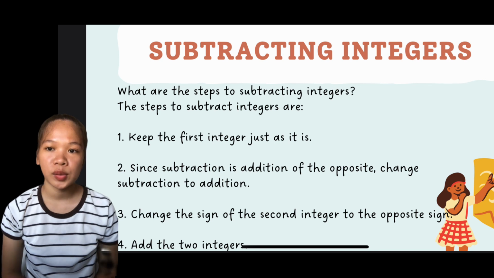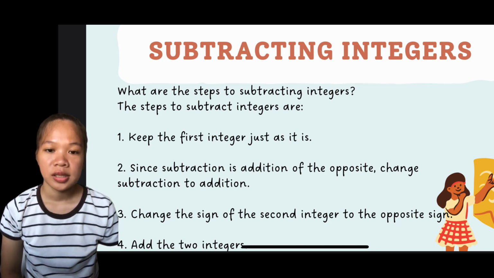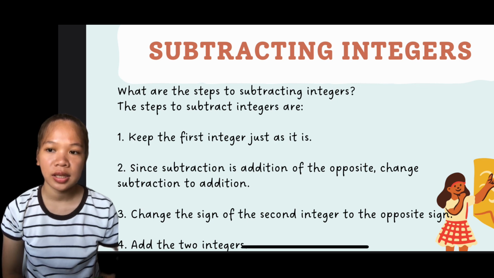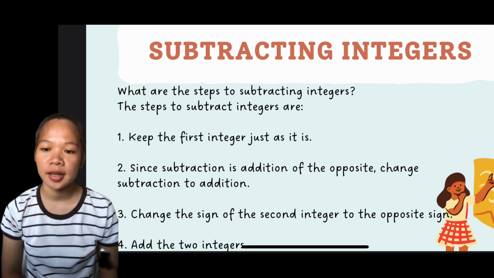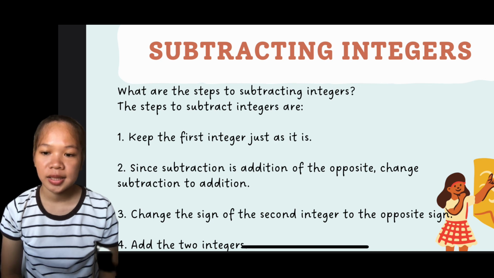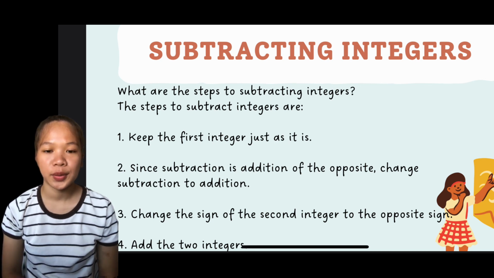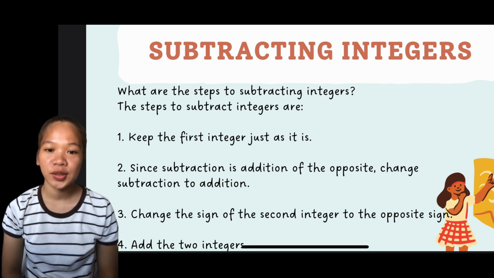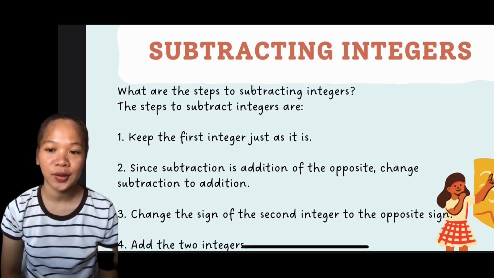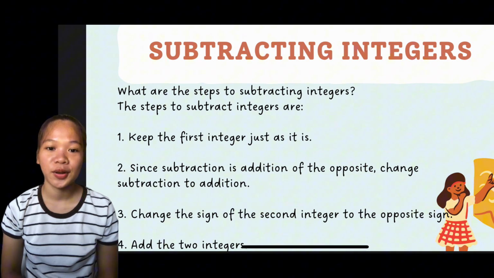For example, if the integer is positive, we are going to replace it by negative because it is the opposite of positive. And then the last step is add the two integers. So medyo nakakalito kasi subtraction then you're going to add.